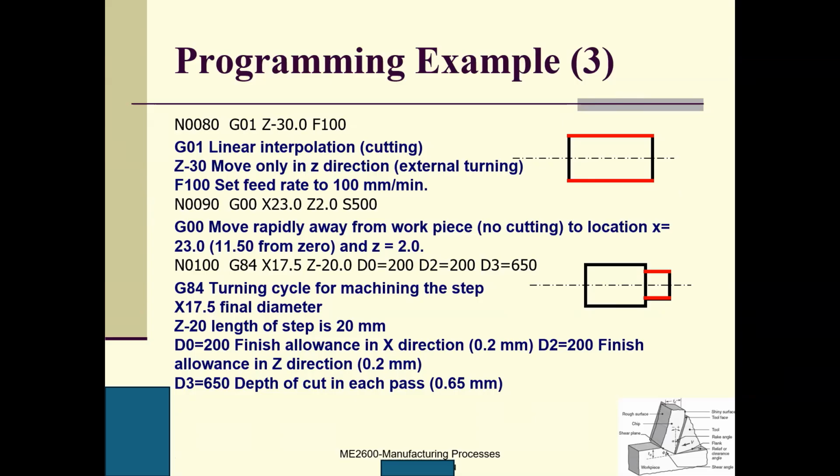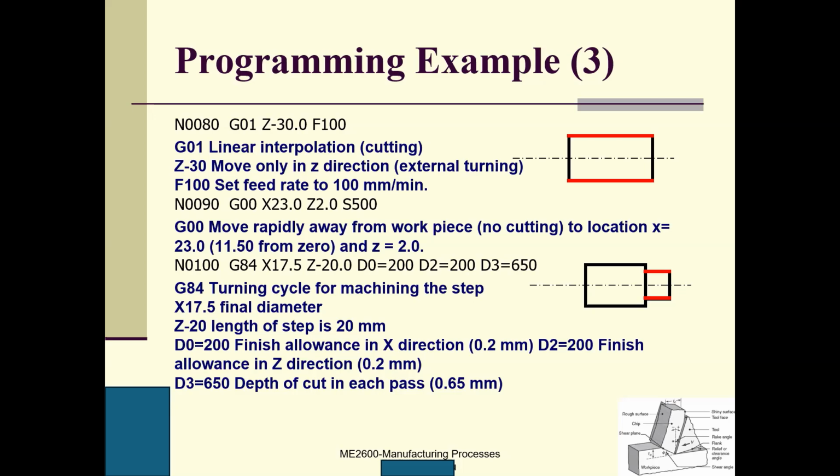This cuts the bigger step. This is the third step. And then from here, I cut another one. So this is a linear interpolation cutting, moving only in the Z direction, this external cutting, and at the same time, I set the feed rate to 100 millimeters per minute. So this is the longer step.